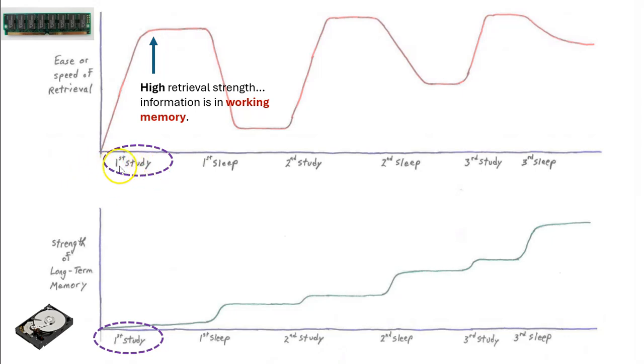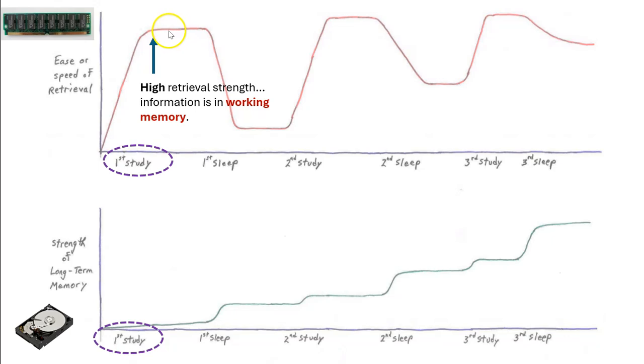Here we are in our first study session. So maybe we're reading a textbook, or we're watching a video lesson, or maybe we're in class processing the lesson. Well, during that time, we're going to enjoy high retrieval strength for the information that we're processing.